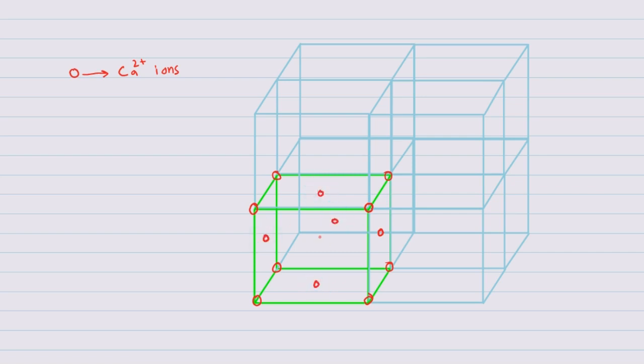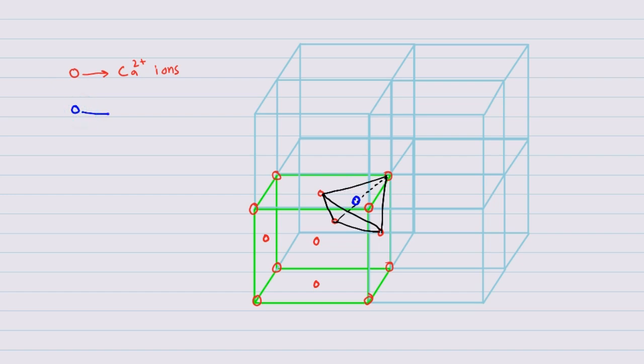So if we join these 3 face atoms, that is back face, top face and right hand face, and then we join these 3 face atoms to 1 corner atom, so we get a tetrahedral void here and there will be a fluoride ion.